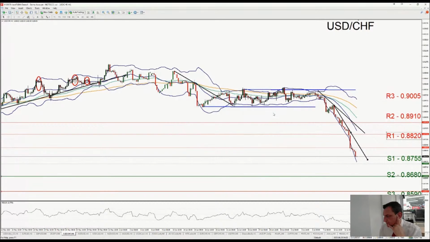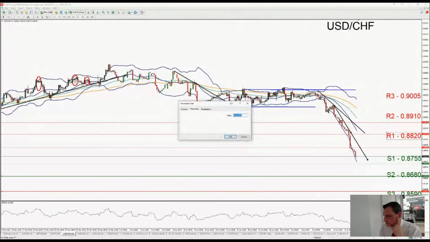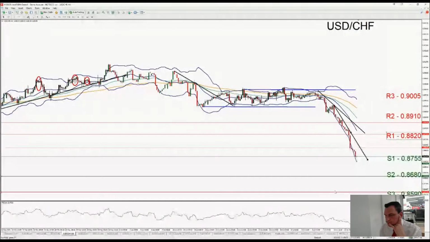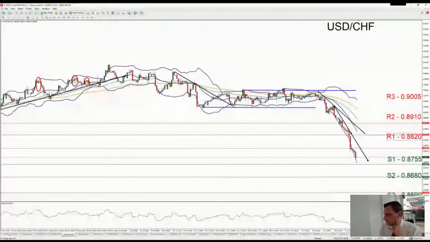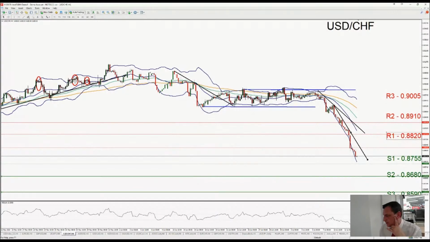The 0.8520. 0.8430 in green as well. That's it. Okay, locking everything in. Let's correct the labels.